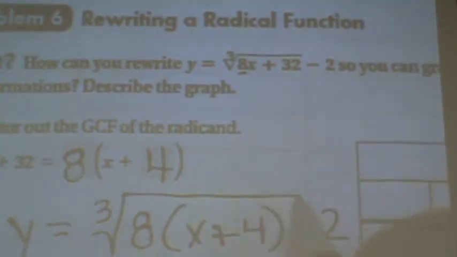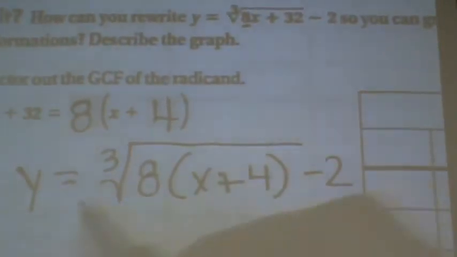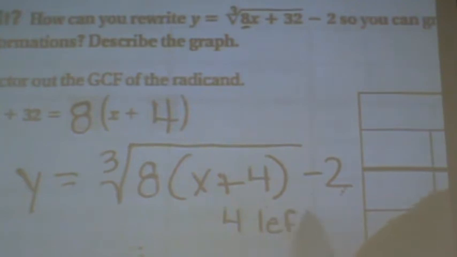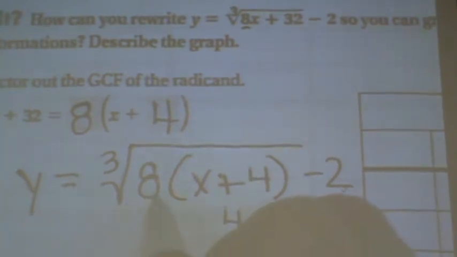So what I need you to do is, for a second, take a look at this problem. This is outside. This is going to shift your graph down 2. This is going to shift your graph 4 units what? To the left. It's going to go 4 left. Now normally what you do here is you flip this number, you get 1/8, and you normally multiply the x value by 1/8.